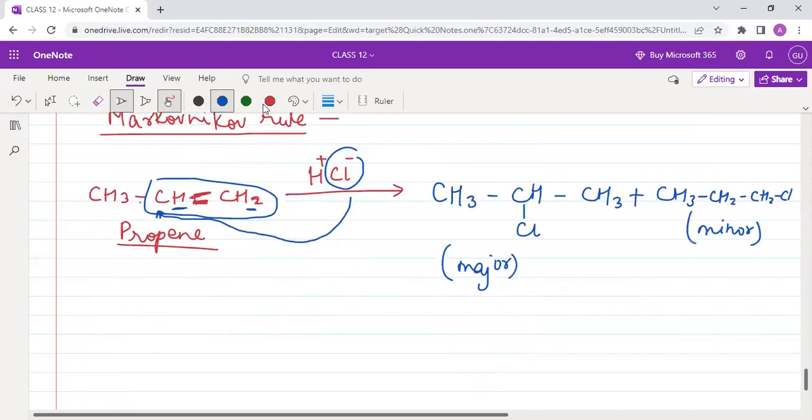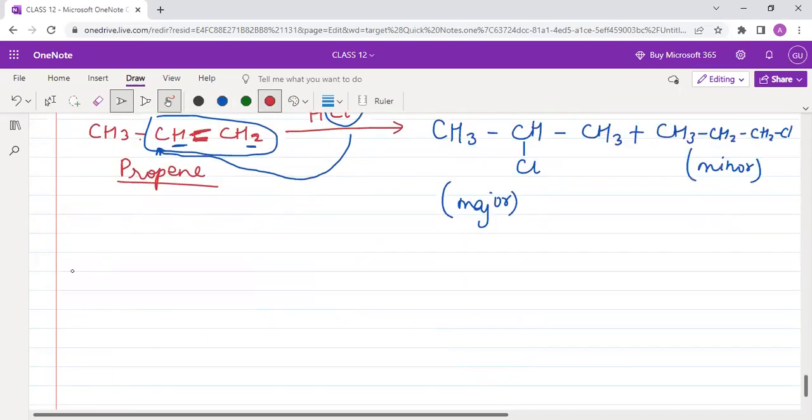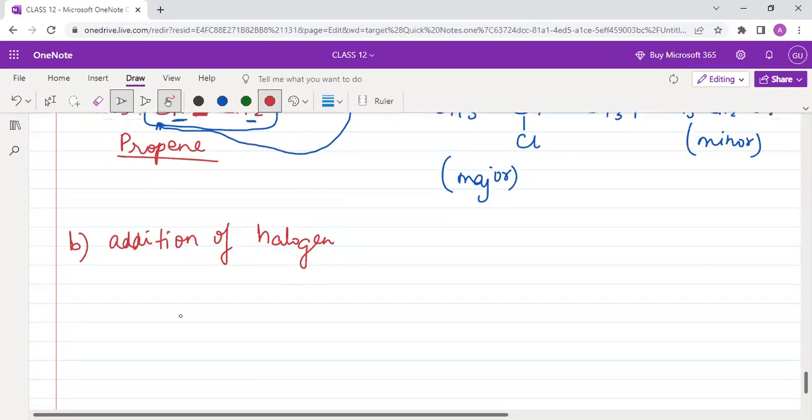Okay. So next is the second method to prepare from alkenes, that is addition of halogens. You have doubly bonded carbon atoms, that is, alkenes.